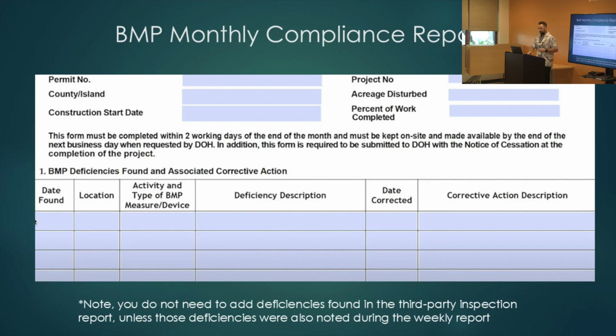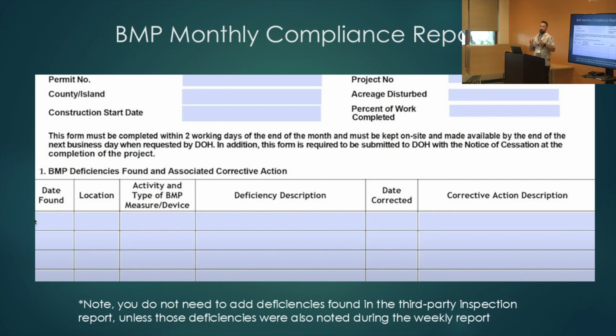I did add a note here at the bottom. So we have the third-party BMP inspection, which a lot of you guys are aware of. I just wanted to add that it's a separate thing to what we're talking about here. The third-party inspection, how we do it on our projects usually is we use that to generate our weekly report, but it's done in conjunction with, right?